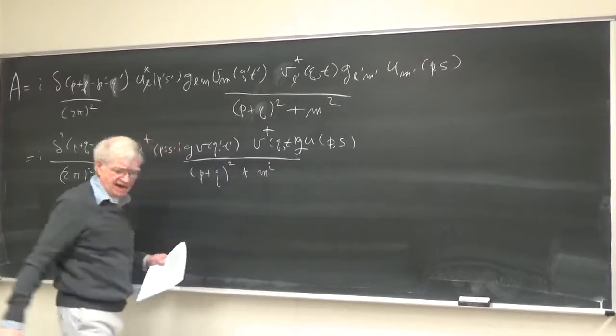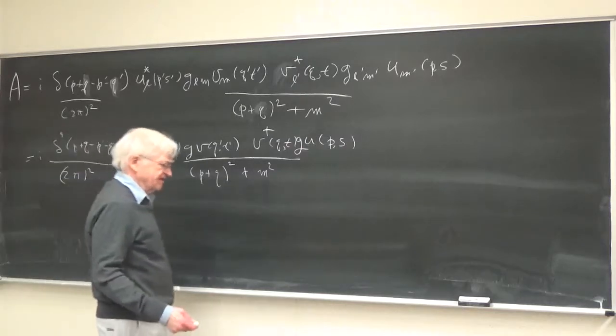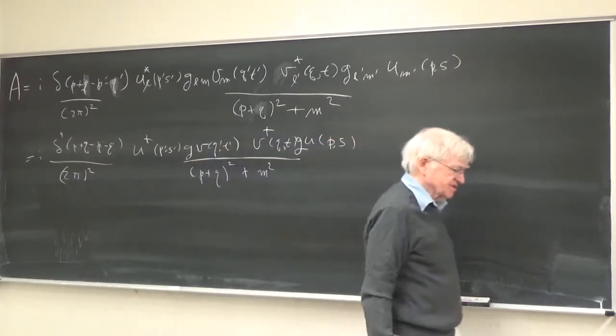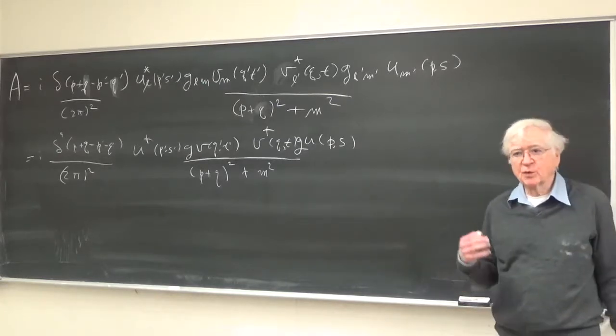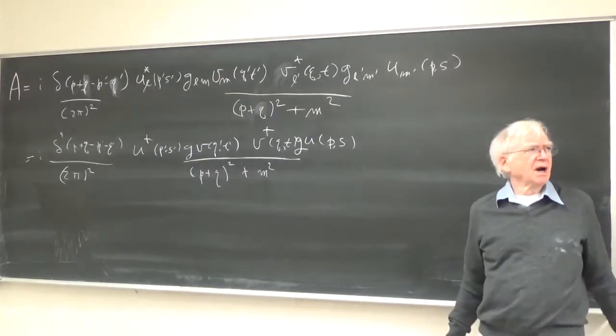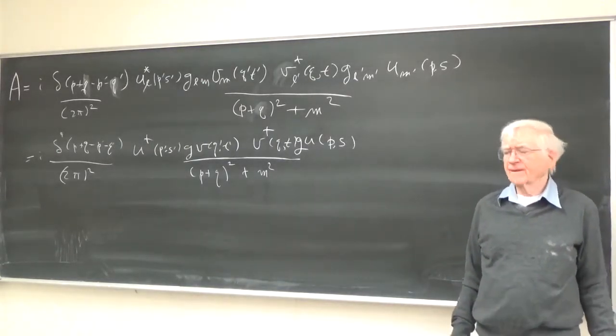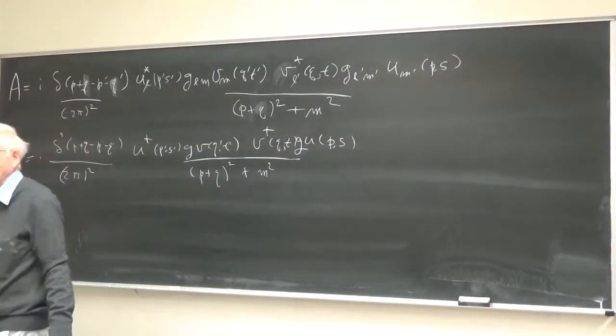And as I said, the iε in tree diagrams is always ignorable. In fact, it would have to be ignorable, because the whole point of the iε is to tell you how to use that rule for dealing with complex contour integration, the principal part rule, Cauchy's principal part.